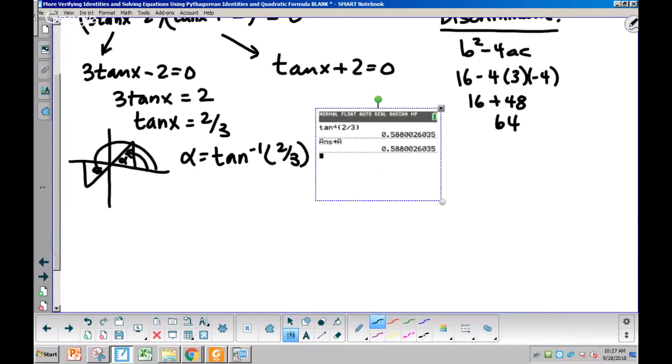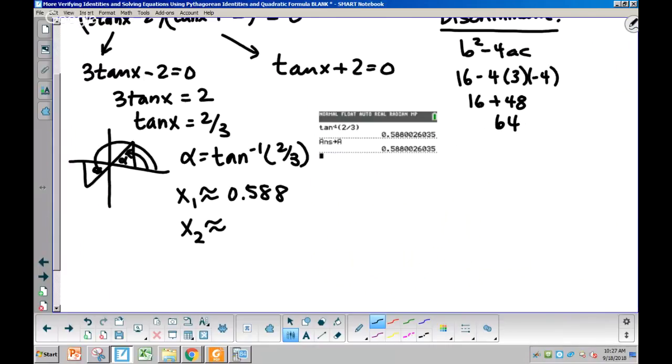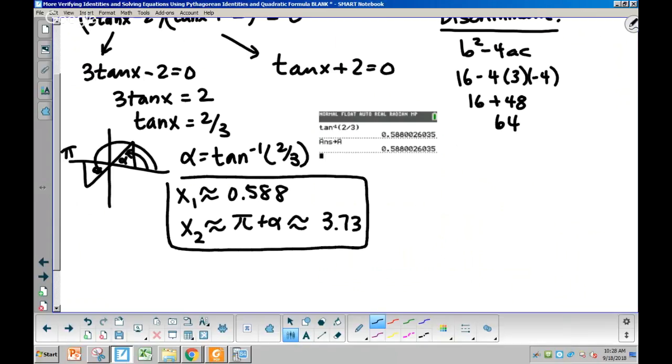All right, my first solution, which is really nice, is equal to alpha, isn't it? Because it's the first quadrant solution. And we get 0.588. X2 is a third quadrant solution, so I went pi and alpha more. So this would be pi plus alpha. And that turns out to be, what is it? 3.7. About 3.73, thank you.